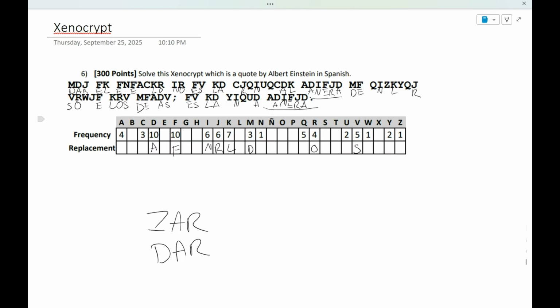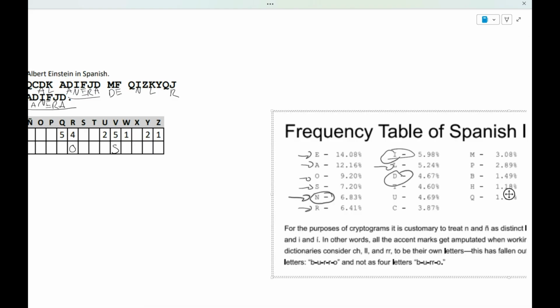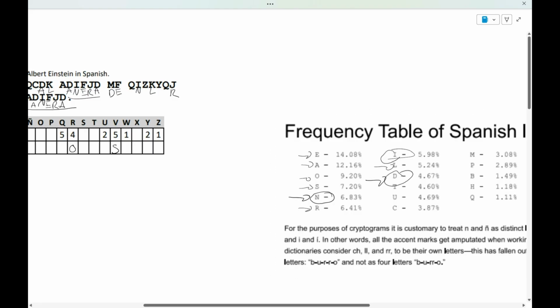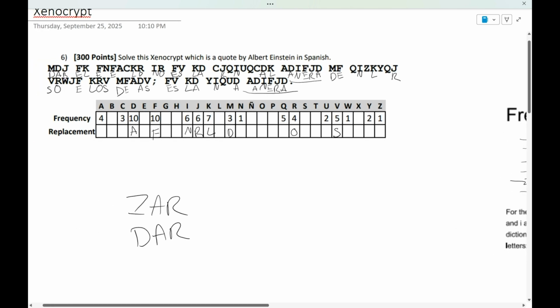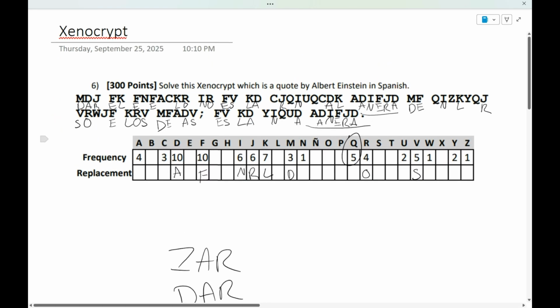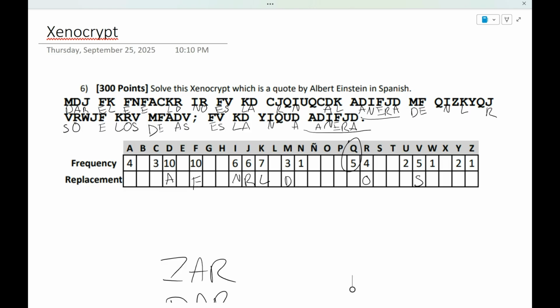So now if we take a look, we have I left, and we've done D. So next thing we have left is I, which we kind of want to focus on a little bit. So our highest frequency letter right now is Q. And so let's take a look. If I were to put I where Q is, would it make sense? So I see a Q right here.